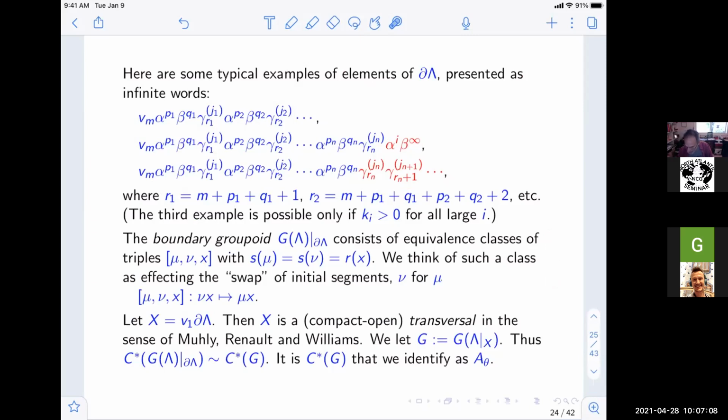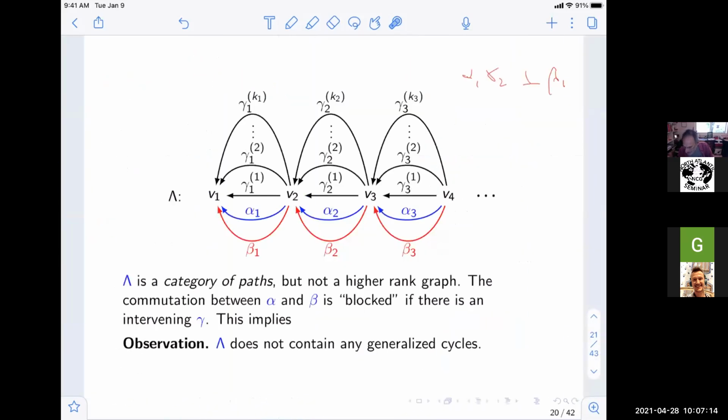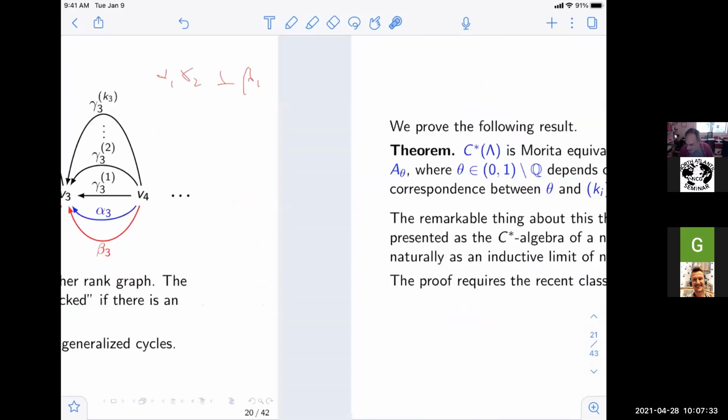Let me just quickly look at our picture again. Each vertex is a place where we could begin our paths. So there's really sort of a countable family of sets, all the directed hereditary sets whose range is a given vertex. And since you can move between vertices with various paths, those give us equivalent things.